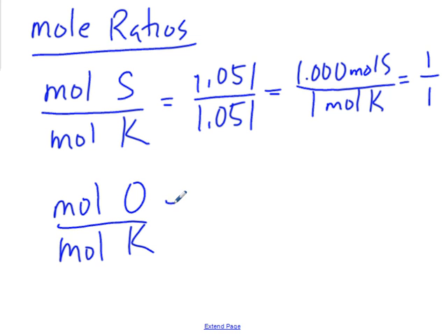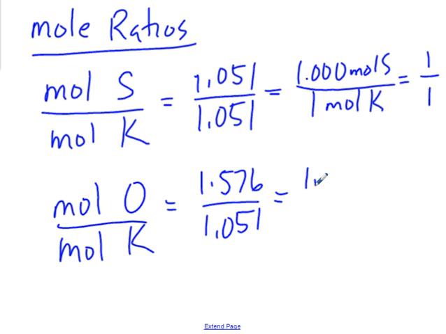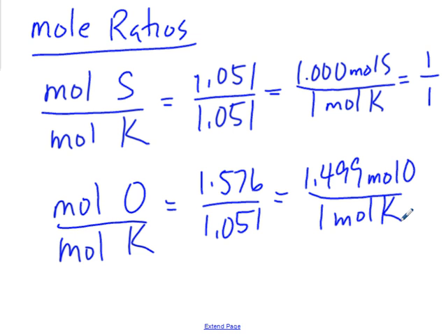Down here, you get 1.576 over 1.051 equals 1.499, I think, moles of oxygen for every 1 mole of potassium, which is pretty close to 1.5 moles of oxygen for every 1 mole of potassium.